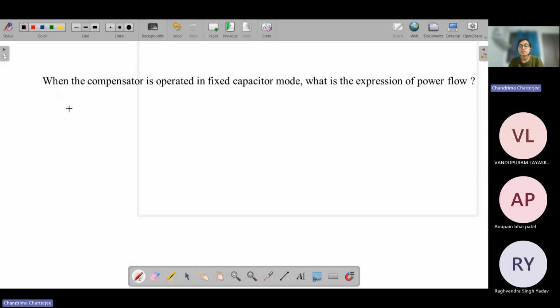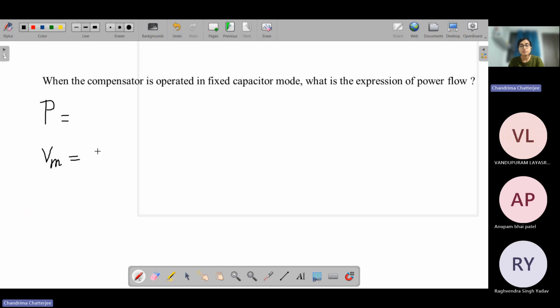Now one thing: when you have done compensation, for finding out this power flow, the active power, first we will have to find out the VM.